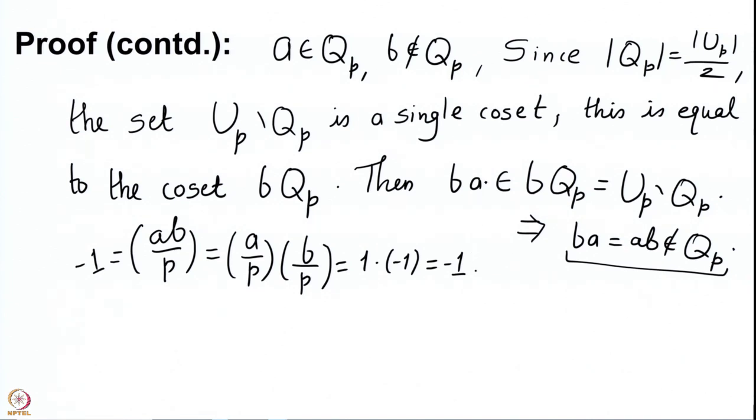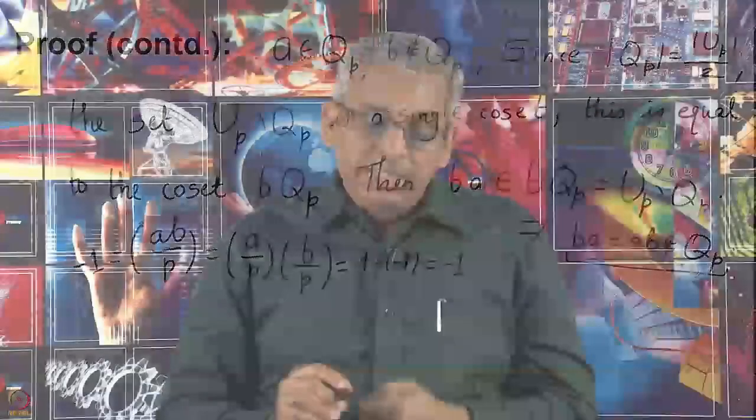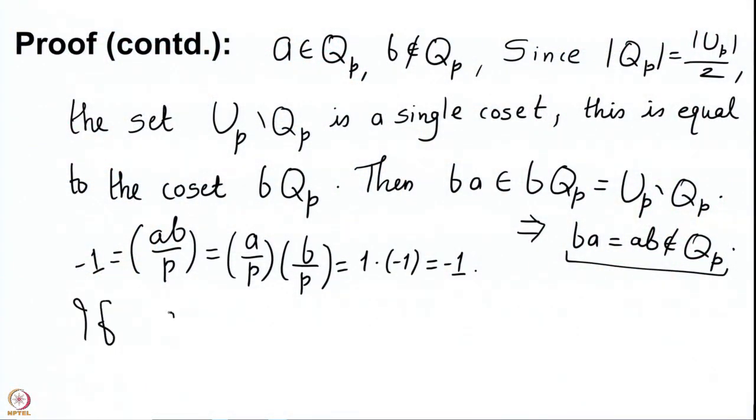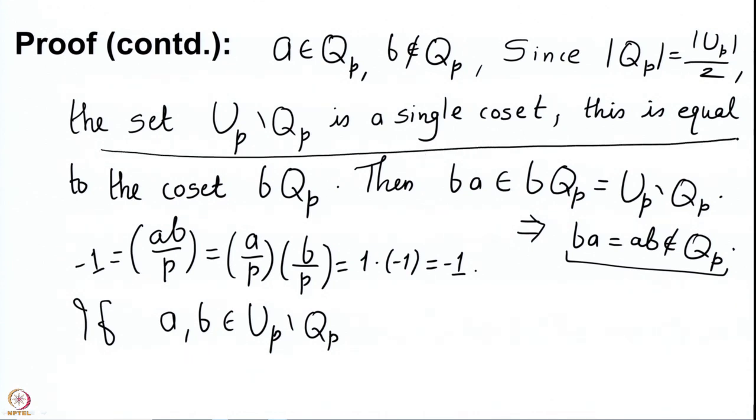So, the case A being in Q_p and B not in Q_p is now done, because then AB is also not in Q_p, and now we have to deal with the final case where we will take both A and B not in Q_p. If A is not in Q_p and B is not in Q_p, then by our earlier observation, we have that U_p minus Q_p is a single coset.